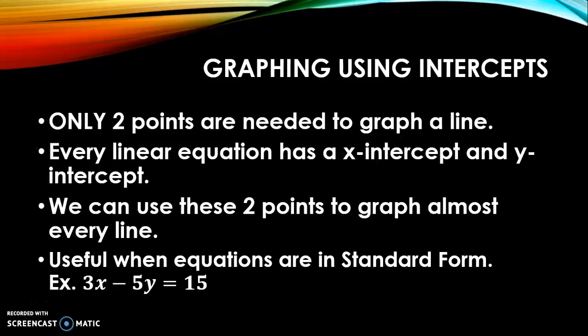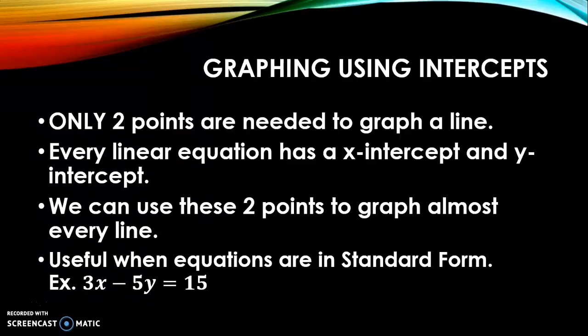The next thing to note is that every linear equation has an x-intercept and a y-intercept. So if we find our x and y-intercept, that is 2 points right there, and if you use those 2 points to graph it, you've got it down. You're done. Sometimes the x-intercept and y-intercept is the origin, 0, 0, for both of them.